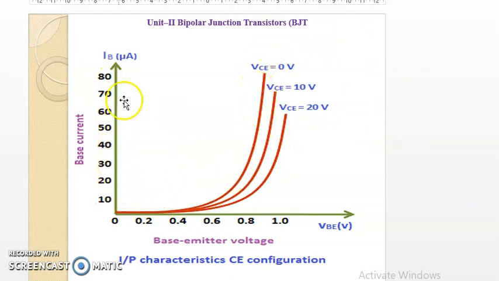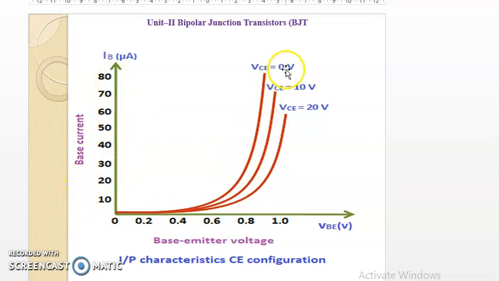You see carefully, the current is taken in microampere and VBE, the base-emitter voltage, is taken in volt. We say it is the input characteristics of CE configuration. Here you see, initially VCE is taken as 0. Then the potential difference is varied and current is noted.